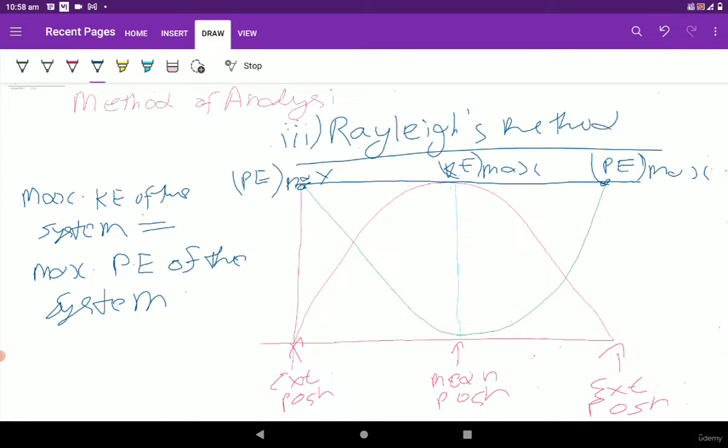According to Rayleigh's method, the maximum kinetic energy should be equal to the maximum potential energy.